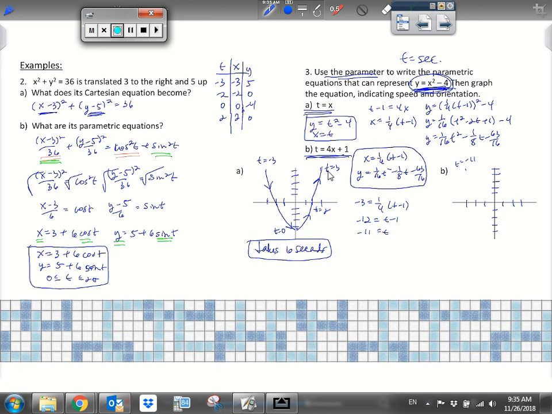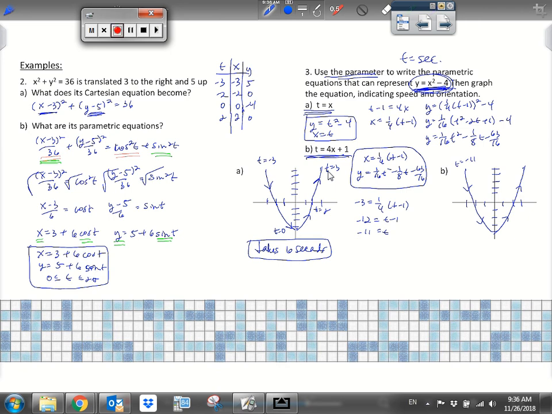So what I'm really interested in is the beginning and the ending, because I'm interested in the speed. And if you don't trust it, you can find all those values. I promise you it will give you that exact same graph. But I really need to know where I start and where I stop because I need to see how long it took.